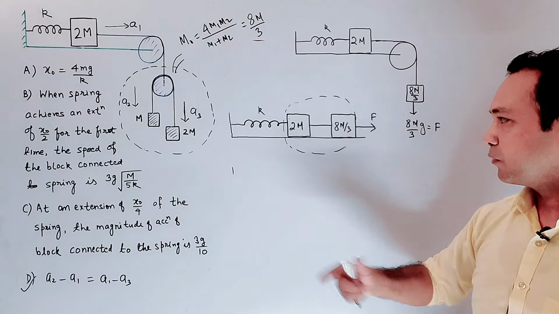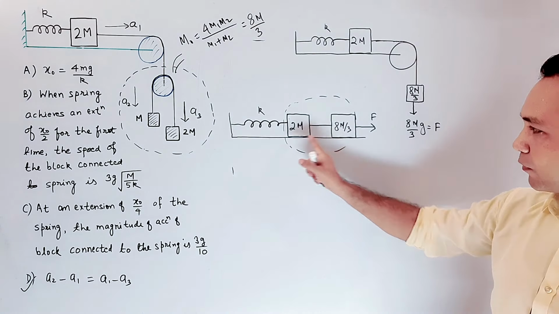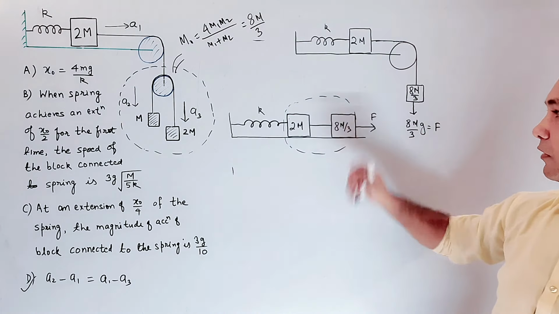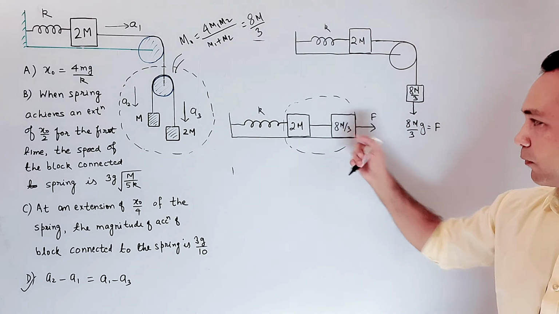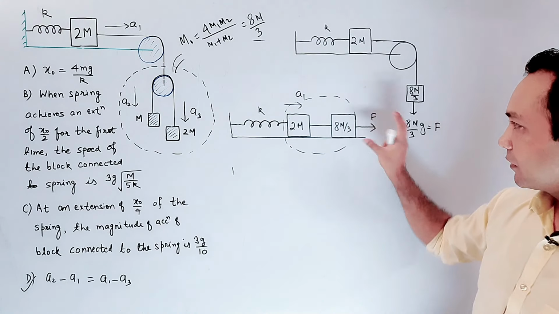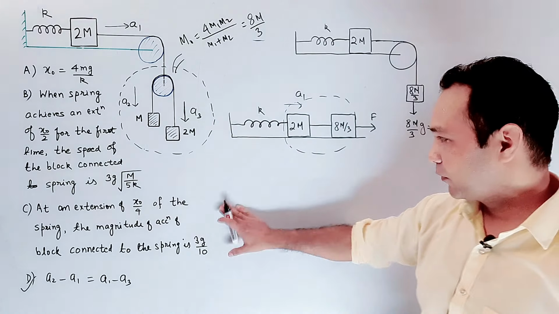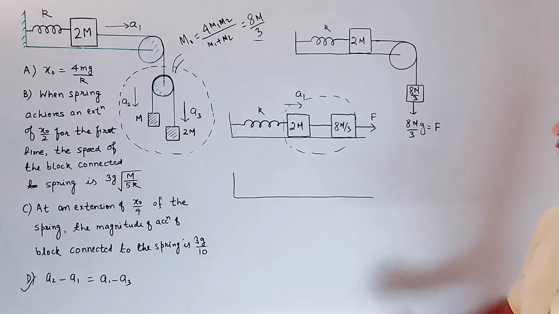Whatever the resultant mass will be here after reduction of these two, their acceleration will be the same as this acceleration. Here this acceleration is a1 and this acceleration is a1, and this thing I have replaced in place of this. So now I am replacing these two again by a single mass, and the acceleration of that single mass will be the same as the acceleration of this thing, and that will be our final reduction, and then we'll get our answer straightforward.